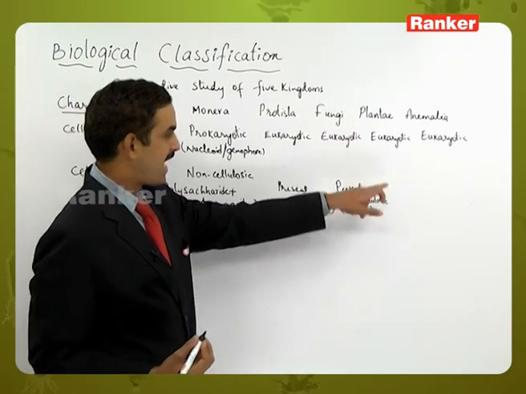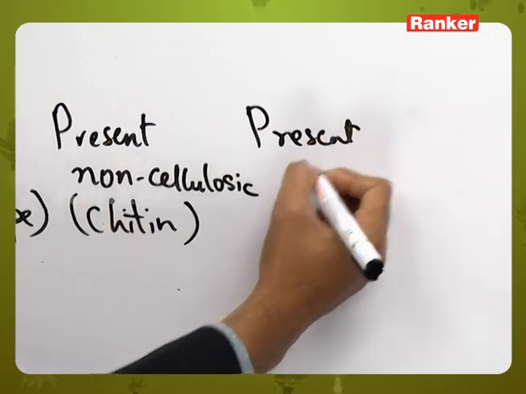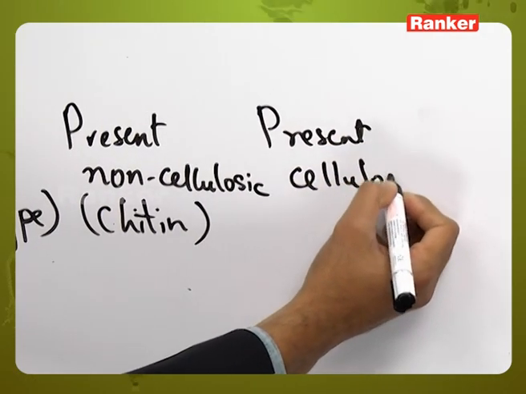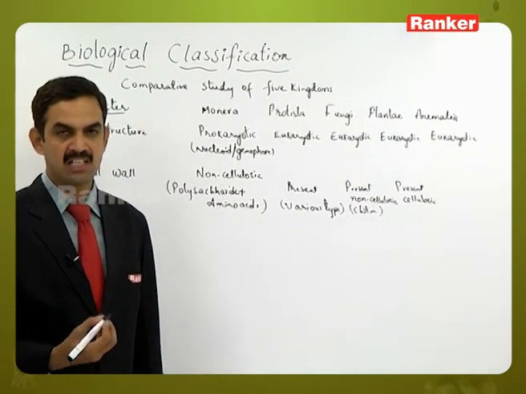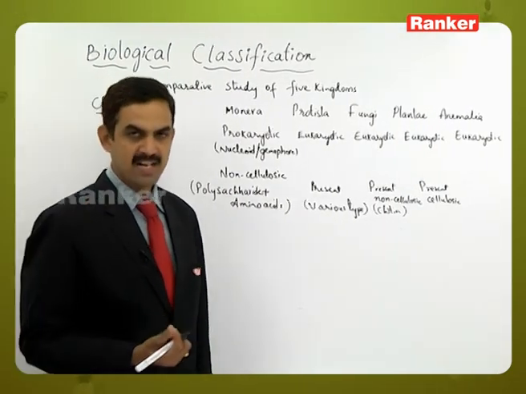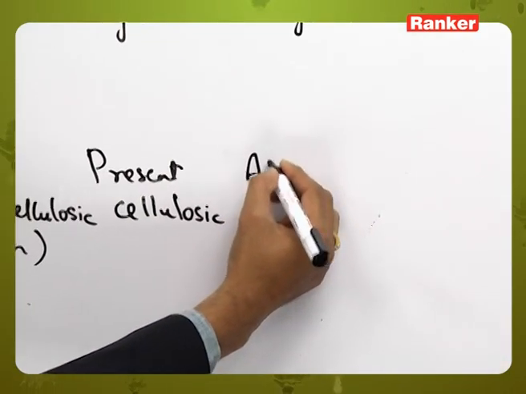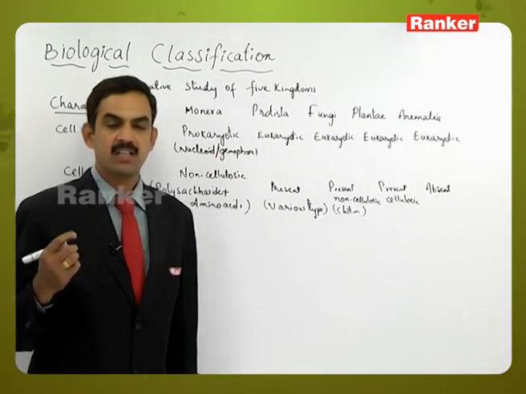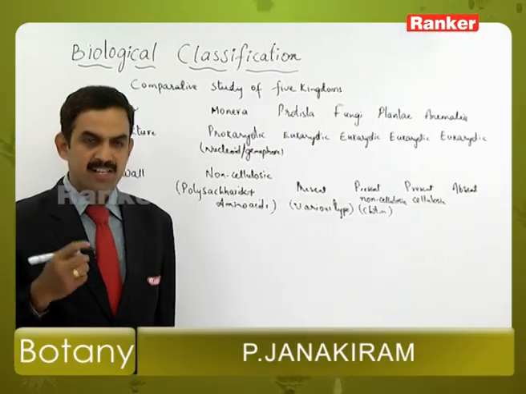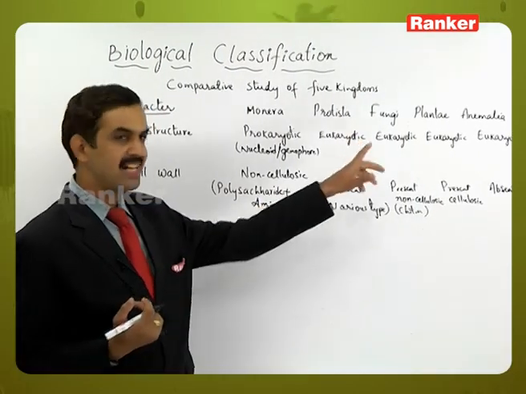And when it comes to Plantae, the cell wall is cellulosic in nature, or we can say the cell wall contains cellulose and pectin like substances. Whereas in Animalia the cell wall is completely absent. Here the cell membrane is present, which is considered the outermost limit of the cell in all animal cells.